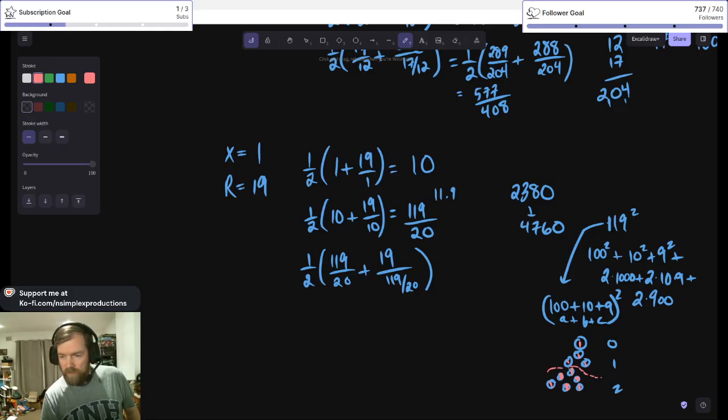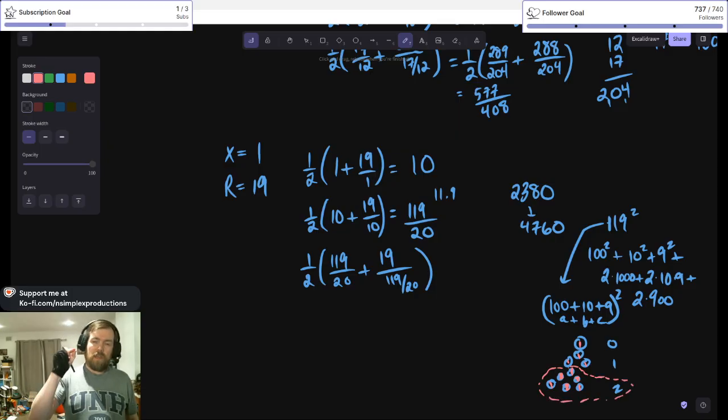So on row 2, this is what happens when we square a 3-digit number. We're going to treat it like a three-dimensional simplex, come down to row n equals 2, and then we can fill in with all the different combinations using 1s and 2s for all of the coefficients. That's it.